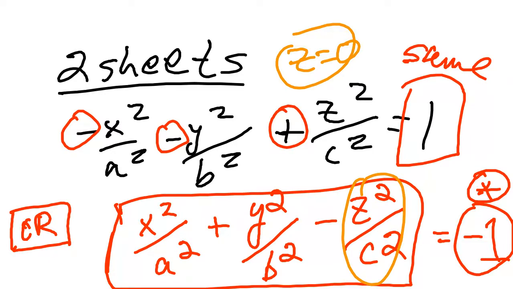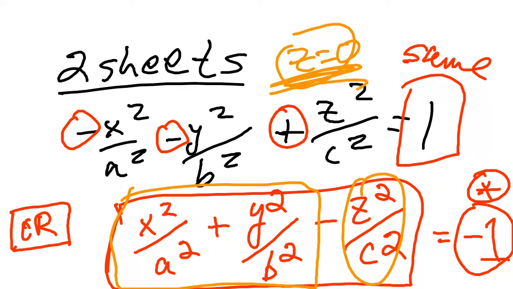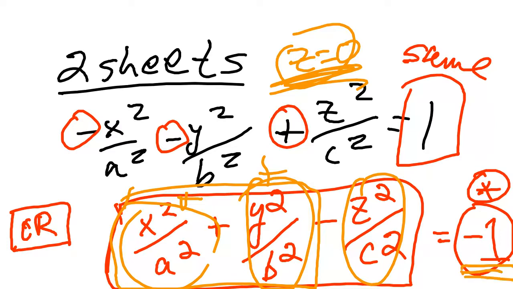In other words, let's look at what's left for z equals 0. X squared over a squared, we know that's positive, correct? There is a y squared over b squared, we know that's positive, or non-negative, it can't be negative. It could be 0 if x is 0, y is 0. But anyway, this is greater than or equal to 0. So when could it equal -1? Never.